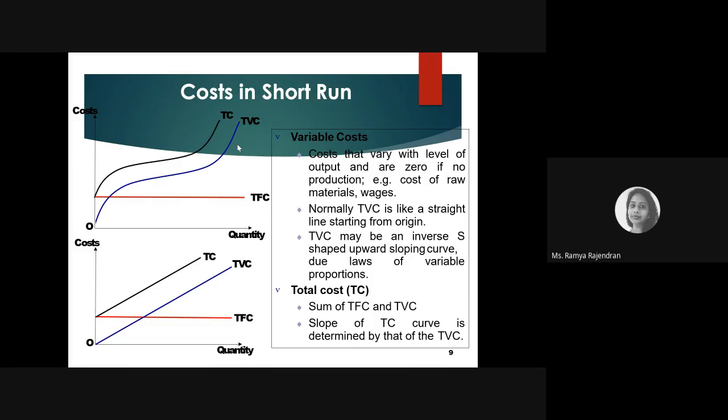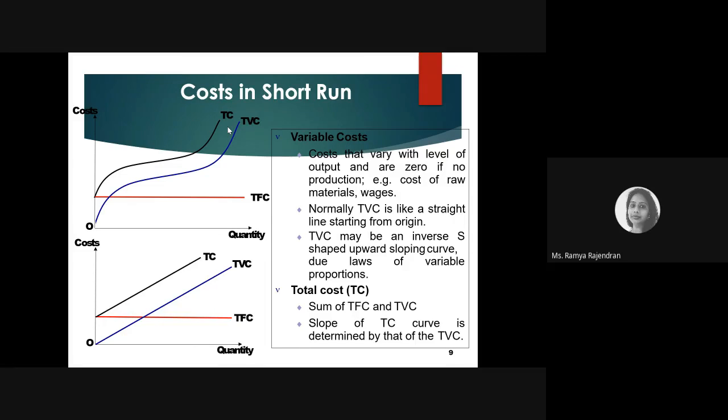You don't have to think it's always going to be a curve. Most of the time this variable cost will be a straight line, a linear line, but sometimes you might get an inverse S-shaped curve because of the law of variable proportions.